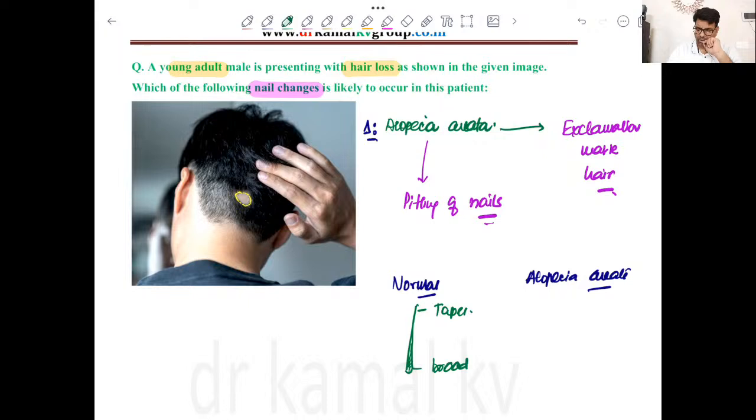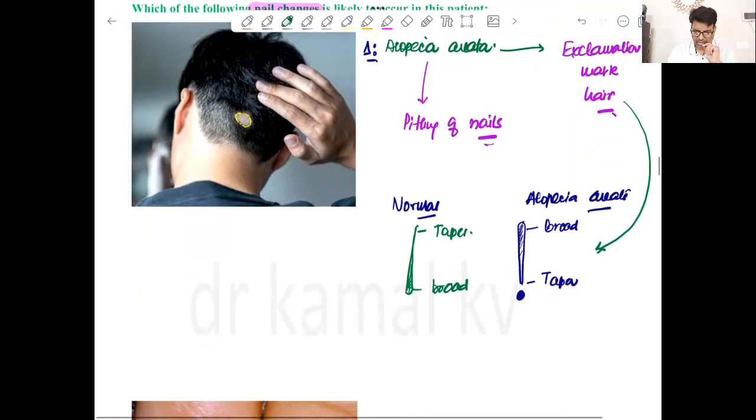But what happens in alopecia areata? It is broad at the top, tapering at the bottom, and then the hair follicle, right? So this is known as the classical exclamation mark. It looks like the exclamation mark of grammar. So this is alopecia areata, right?